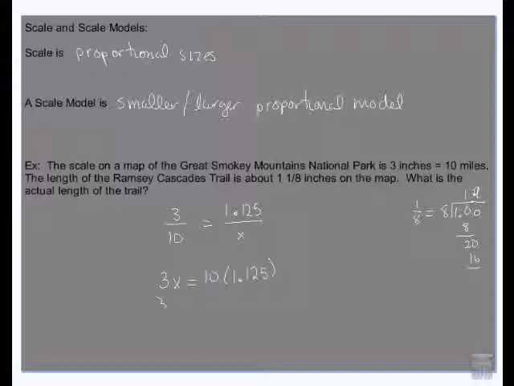So 3x is equal to 11.25. Divide by 3. And, you know, this would obviously be easier with the calculator, but I'm not feeling like it. So 3.75 miles. Make sense? Okay. All right.